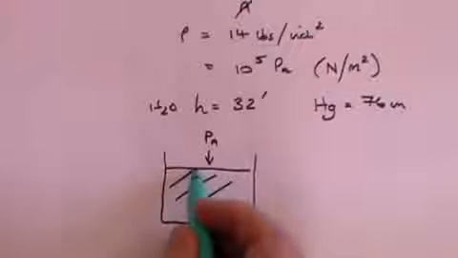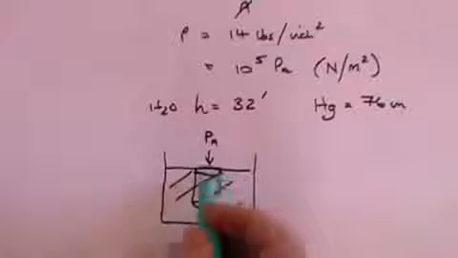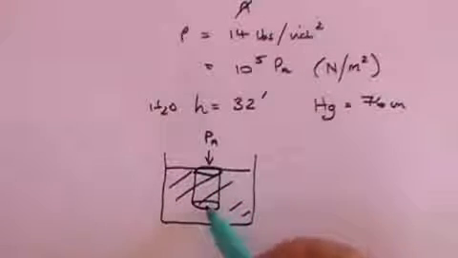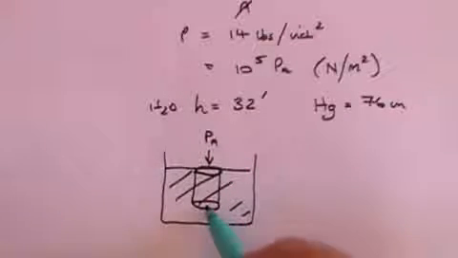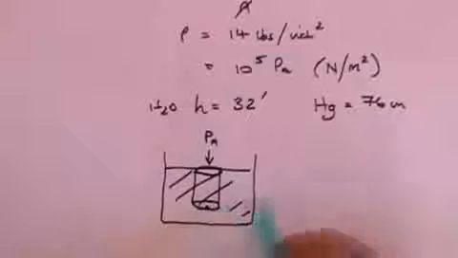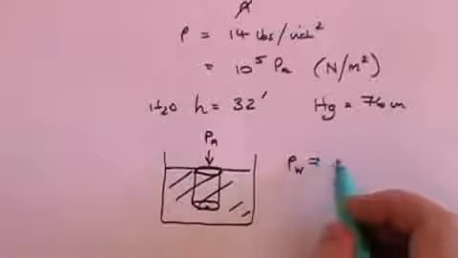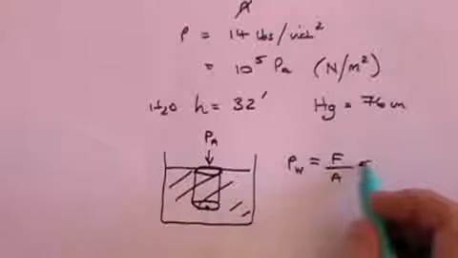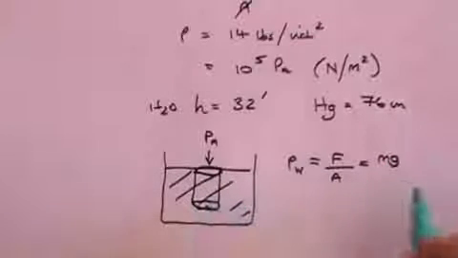Well, once again, I'm going to draw a cylinder. And once again, we can say that the pressure of the water, forget for the moment atmospheric pressure, the pressure of water on this point here, is equal, once again, to force over area. And once again, that force is the weight of the water in this cylinder.